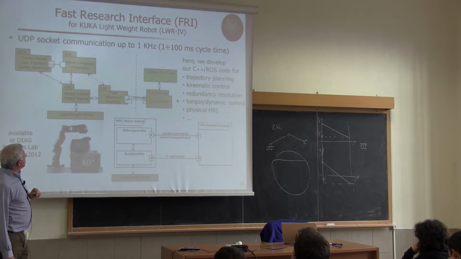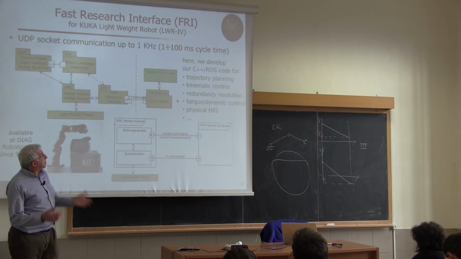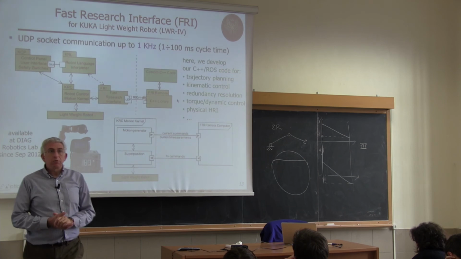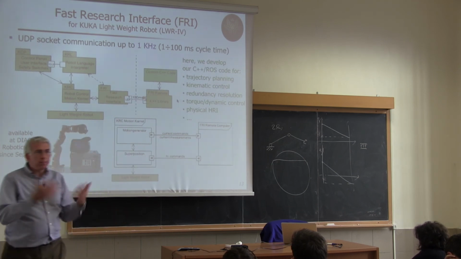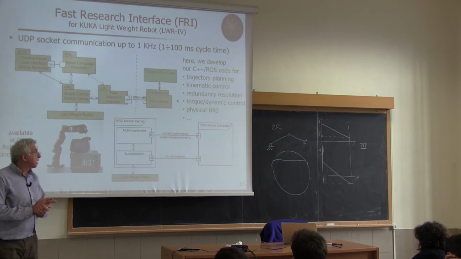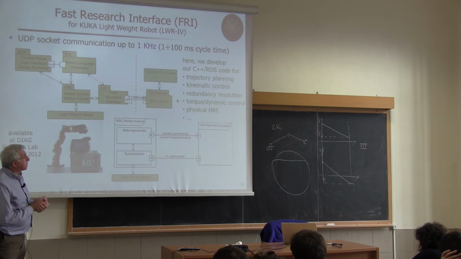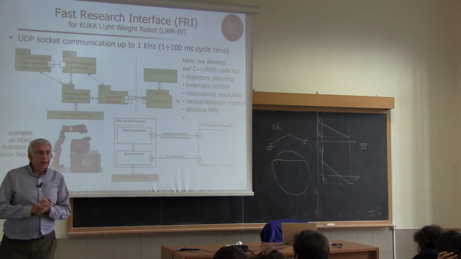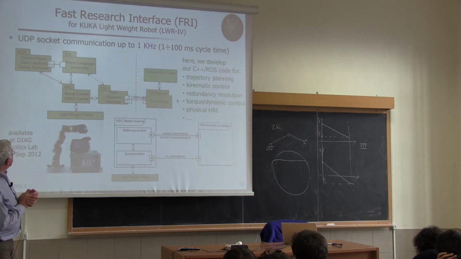motion control kernel of the robot, at a rate which can go down to 1 millisecond, 2 milliseconds, 10 milliseconds, depends. I mean, this can be changed. Let's say that 2 milliseconds, so half a kilohertz, is very reliable. At 1 millisecond, sometimes protection goes on.